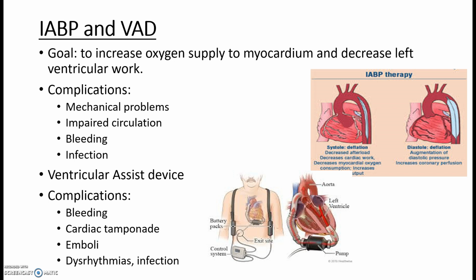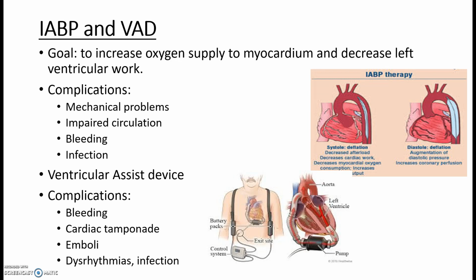If the patient is unable to benefit from these, then we can go into intra-aortic balloon pump, counterpulsation devices, and ventricular assist devices. And the goal, again, is to increase oxygen supply to the myocardium and decrease left ventricular workload.